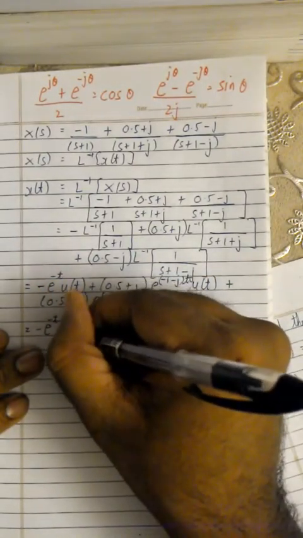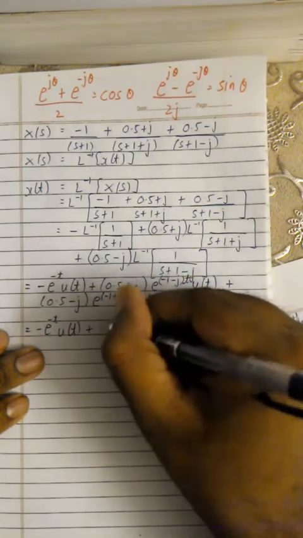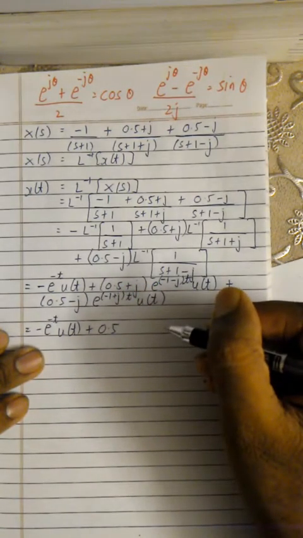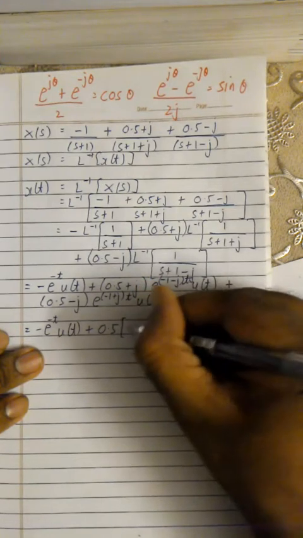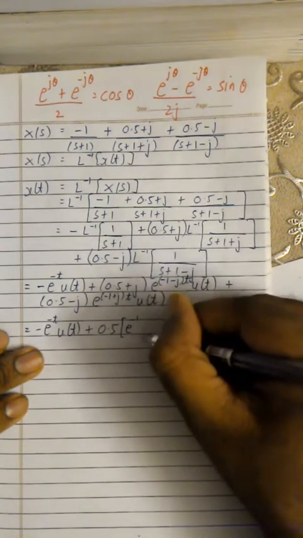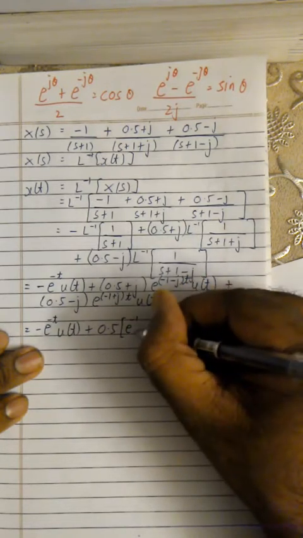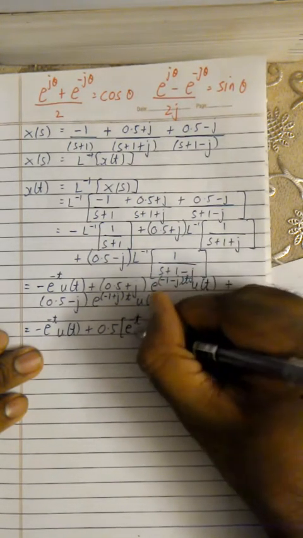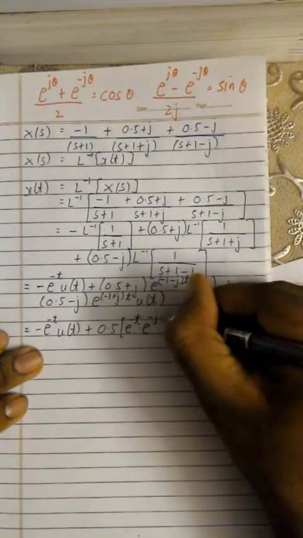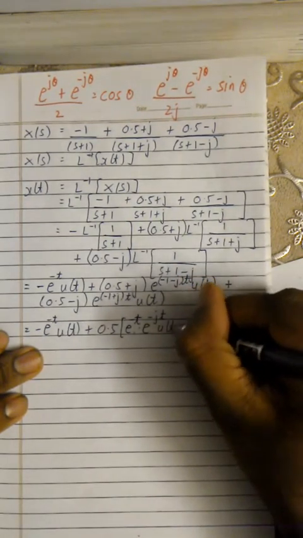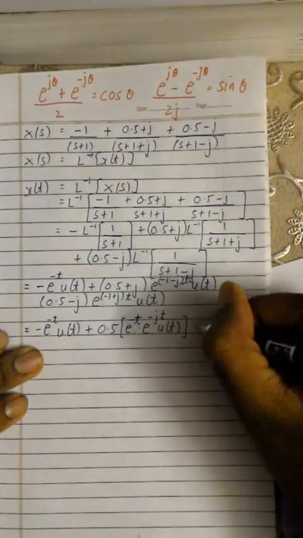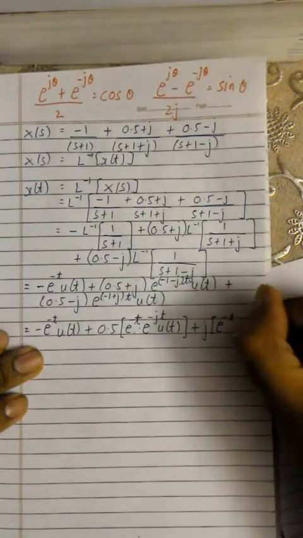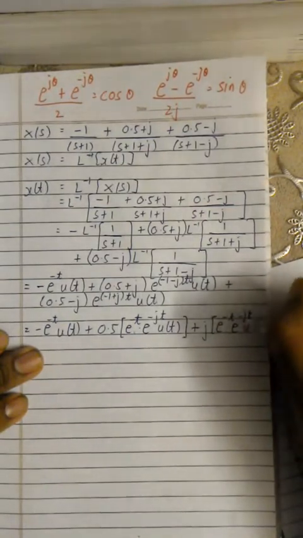So e^(-t) u(t) plus, if I take this common, it will become 0.5 into e^(-t) into e^(-jt) u(t) plus j into e^(-t) into e^(-jt) u(t).